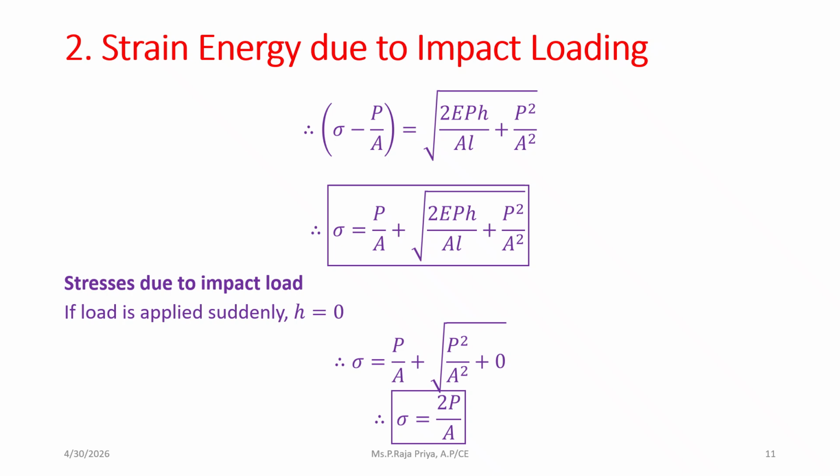Substituting h equal to 0, this term will be 0. We get P by A plus root of P square by A square plus 0. When we take it out of the root, it will be P by A. Obviously, we get 2P by A, which is the stress for suddenly applied loading.